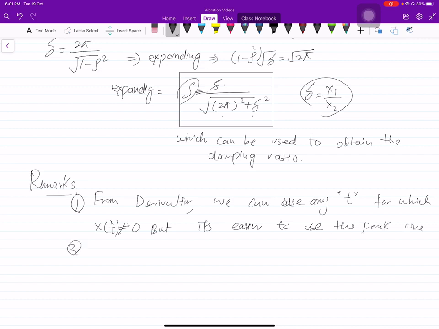And the last one is for very small damping ratio. From a very small damping ratio, if we rearrange this one, then the logarithmic decrement will be equal to this, because if this is very small, like 0.00 something, it becomes negligible, close to 0.